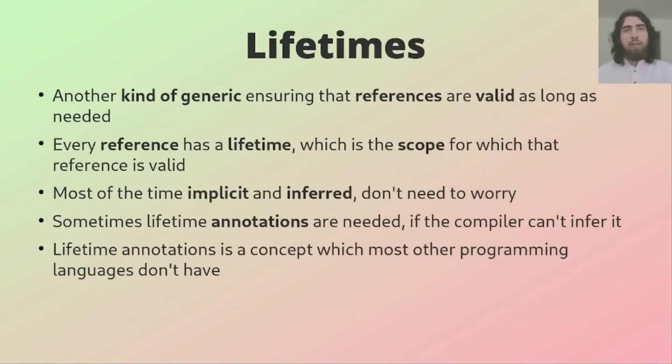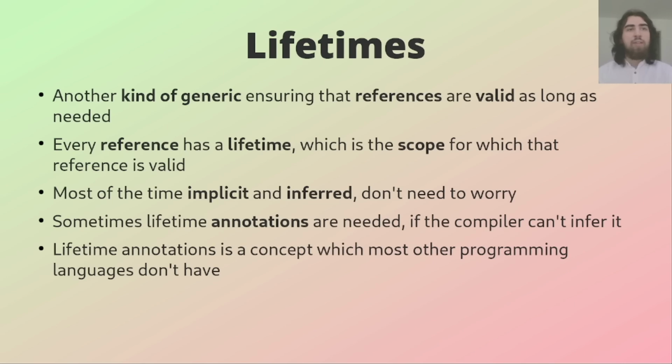So let's take a look at lifetimes. Now lifetimes are only necessary when dealing with references, and even then, most of the time the compiler can infer the lifetimes and we don't have to worry about it. A lifetime is another kind of generic, ensuring that references are valid as long as needed.